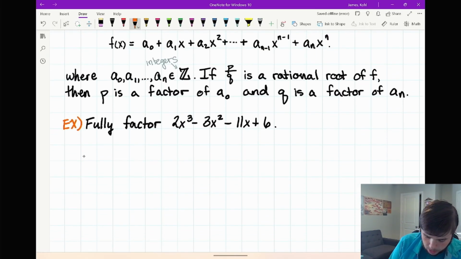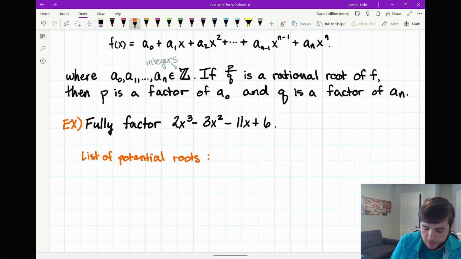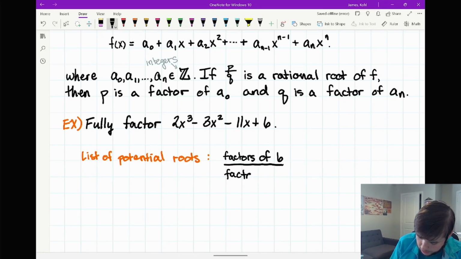Well, here is my list of potential roots. Notice that all of my coefficients are integers, so I know that all of the roots have to come from this list. They are numbers that look like factors of the constant term 6 over factors of the leading coefficient 2.